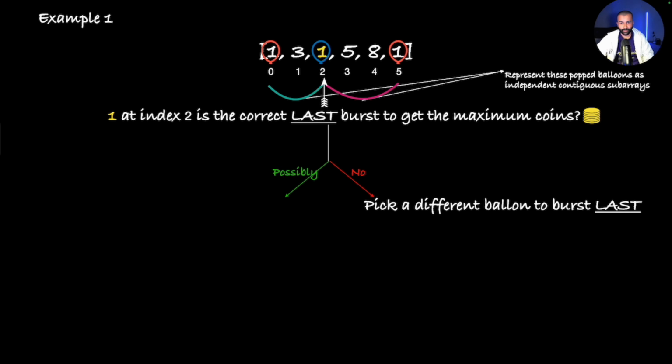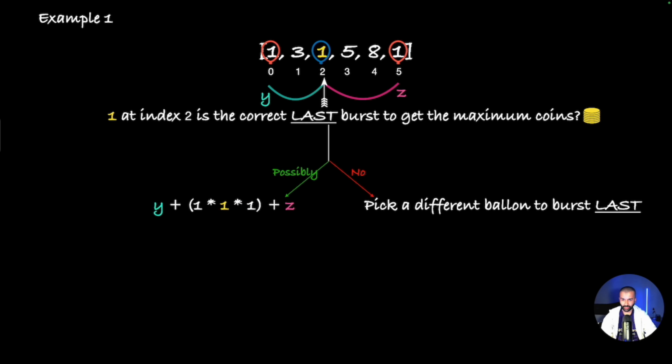But by working backwards, we've established that we can create subproblems because we've made independent contiguous subarrays that can generate values that are not dependent on each other. What I'm claiming here is there's some value y that represents the maximum number of coins burstable between the ranges of 0 and 2.